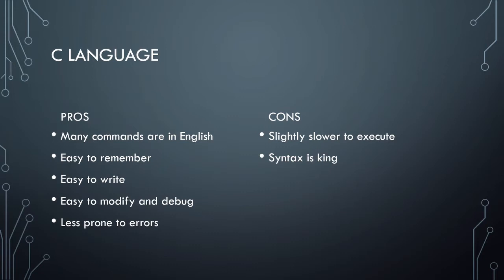But then C language has got some weird little quirks and things like that. Semicolons have to be in certain places. And there's some other important notations that you have to have in there, or spaces that can't be in there, that if they are, they'll create errors in your code. So syntax is very important when we're programming in the C language.